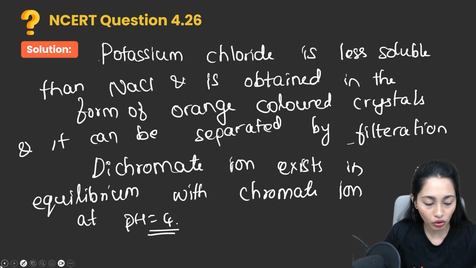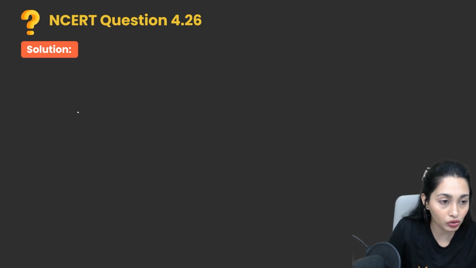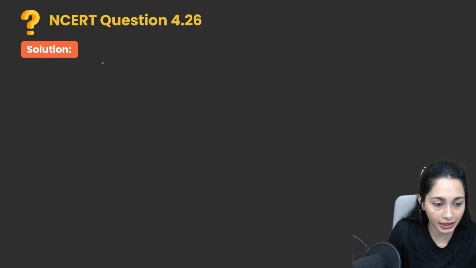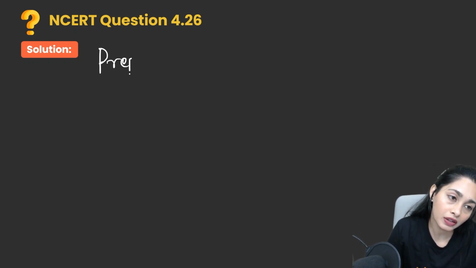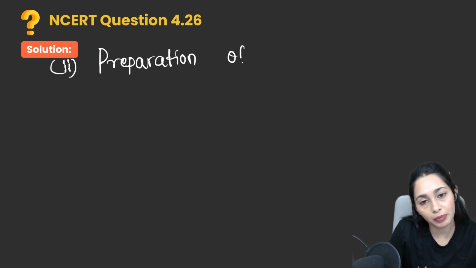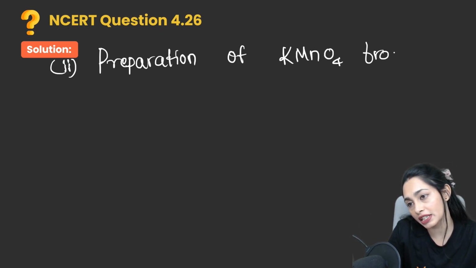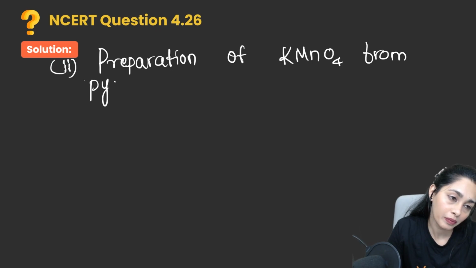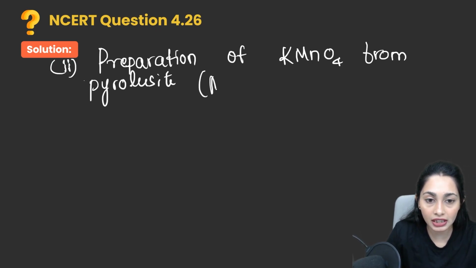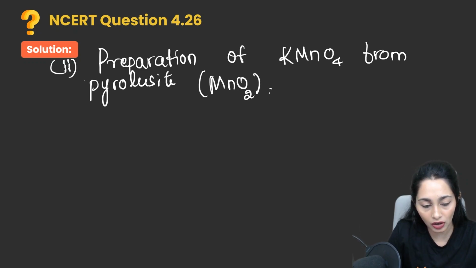Okay. So next one is to prepare potassium permanganate from pyrolusite. This is the answer for the second sub question. Preparation of potassium permanganate, that is KMnO4, from pyrolusite. What is pyrolusite? It is nothing but manganese dioxide.